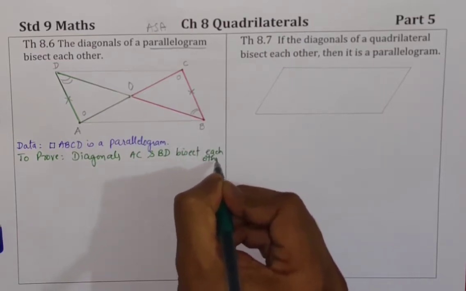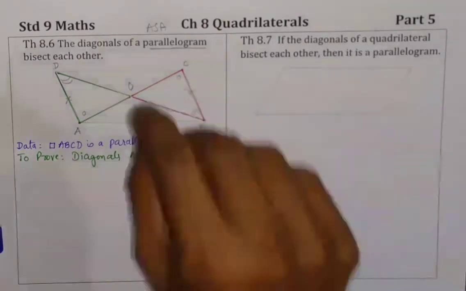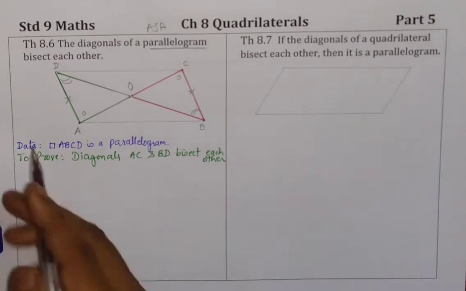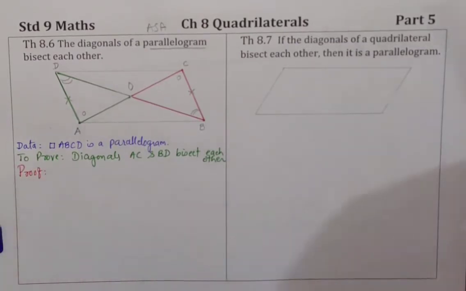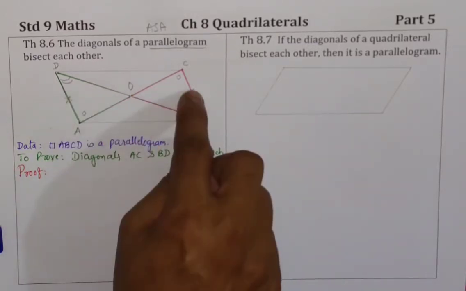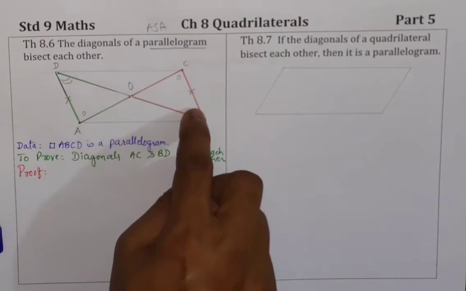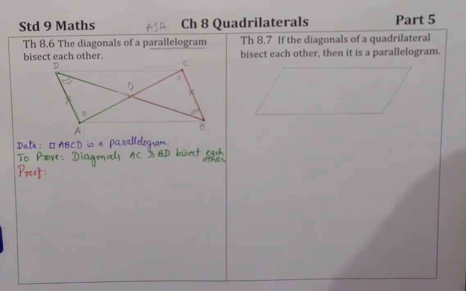Now the proof. Those angles you will get by property. This you get as alternate angles, this alternate. So all three you will have to write, children. See how I start.